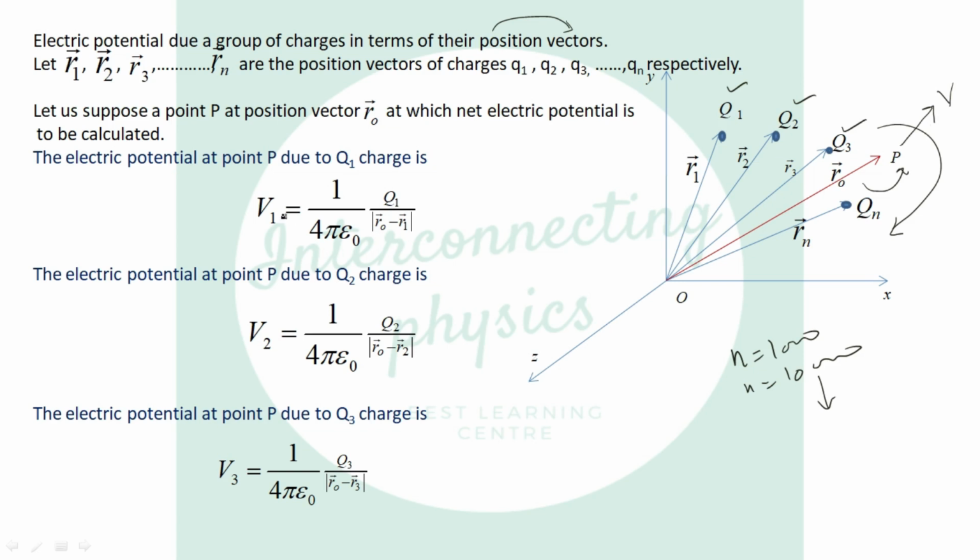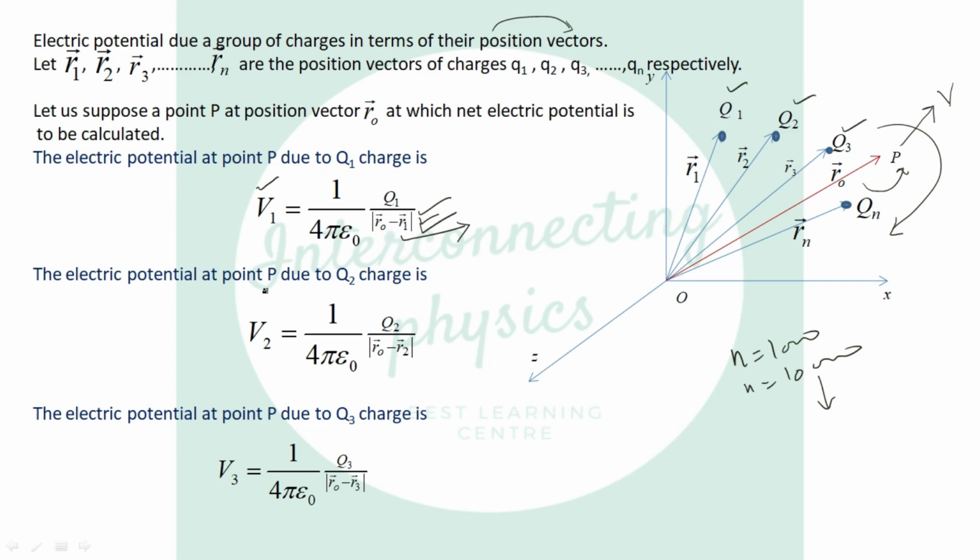Okay, so V1 equals 1 over 4 pi epsilon naught Q1 over modulus of R0 minus R1 vector. If you want to have knowledge about how to write potentials, electric fields, and electric force in terms of position vectors, then click on the I button. Know how to write equations in position vectors.